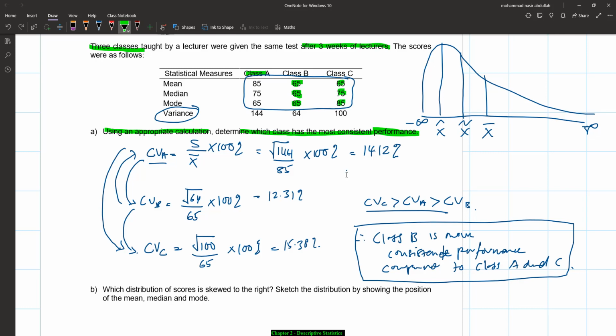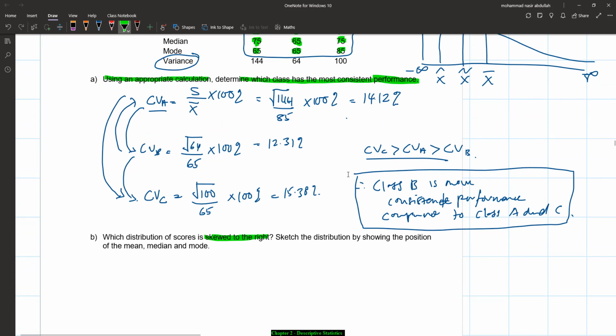And for class A, mean is the largest compared to median and mode. So since they want you to find skewed to the right, we can say that class A has positive skew.